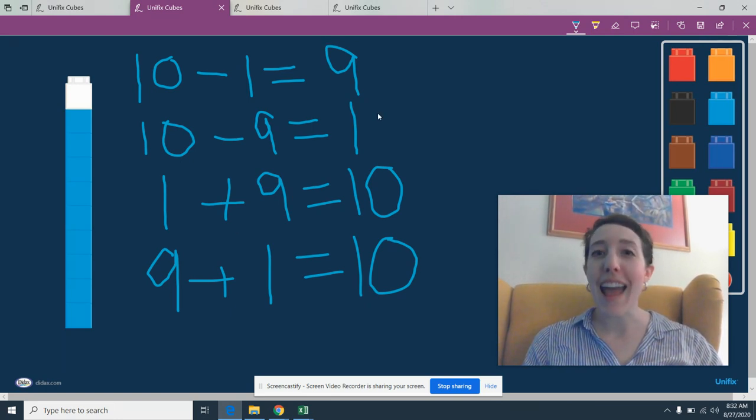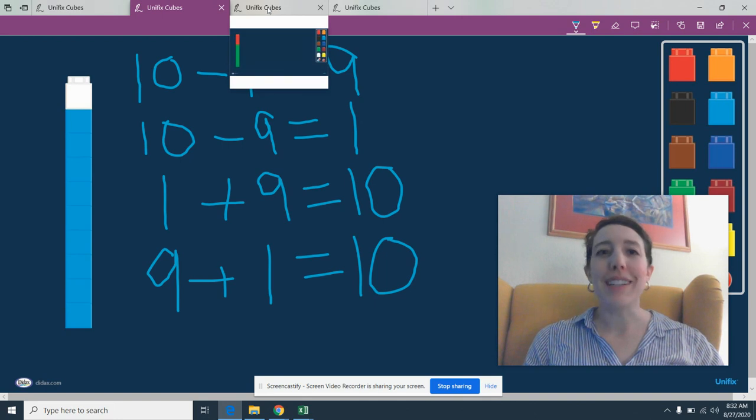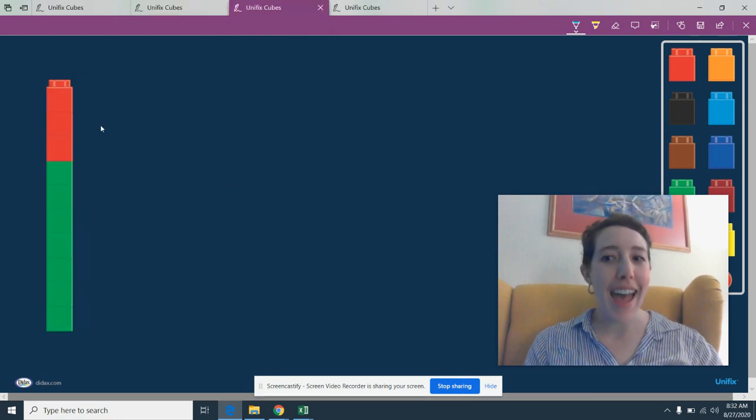So now that we've walked through this together, it's going to be your turn to write math equations that match a different Unifix cube. So this is what we're going to do right here. I have another Unifix cube that is color-coded.